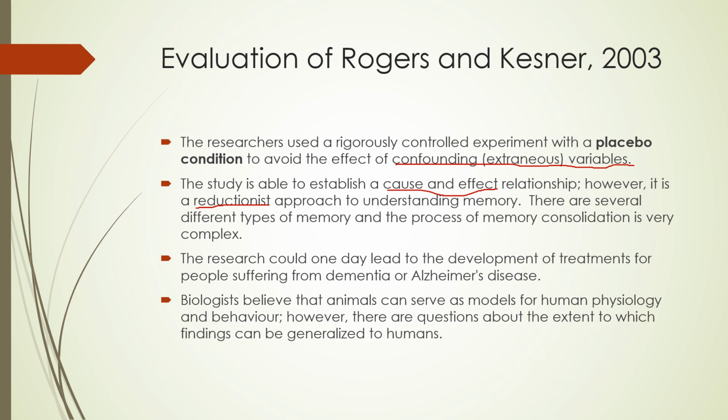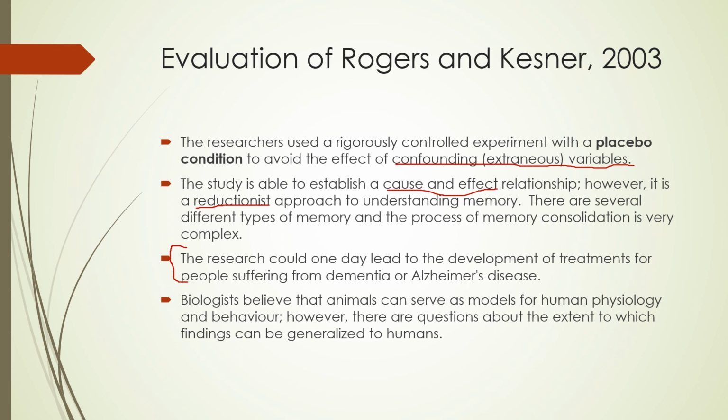The research could also one day lead to the development of treatments for people suffering from dementia or Alzheimer's disease. So this is an early study leading us possibly to longer term solving for this dreaded disease.